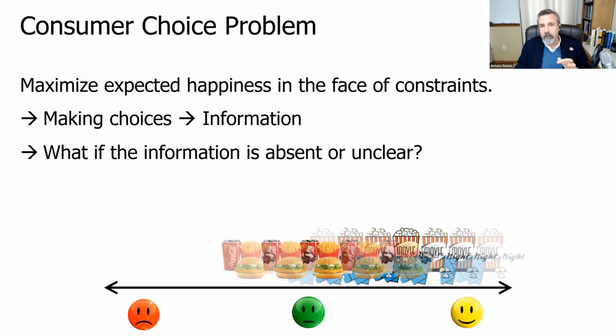So too with the meal at McDonald's, right? It's going to bring you some happiness. Maybe it'll be a lot, maybe it'll be a little. You're not certain exactly how much happiness. And because the information is fuzzy, it becomes harder to make a decision here. It's not entirely clear all the time what it is you should do.